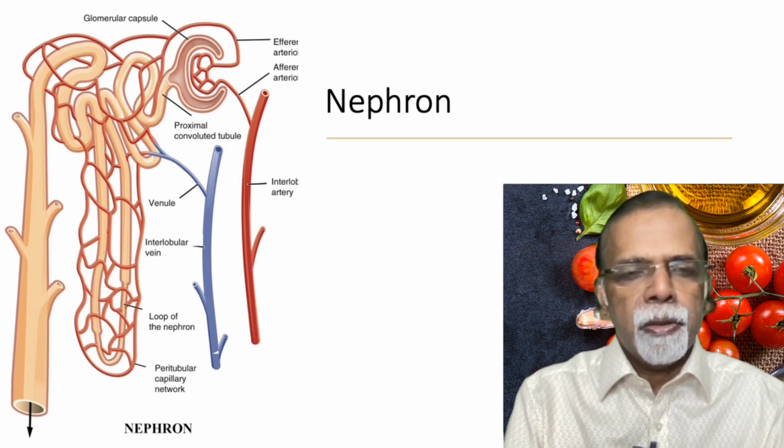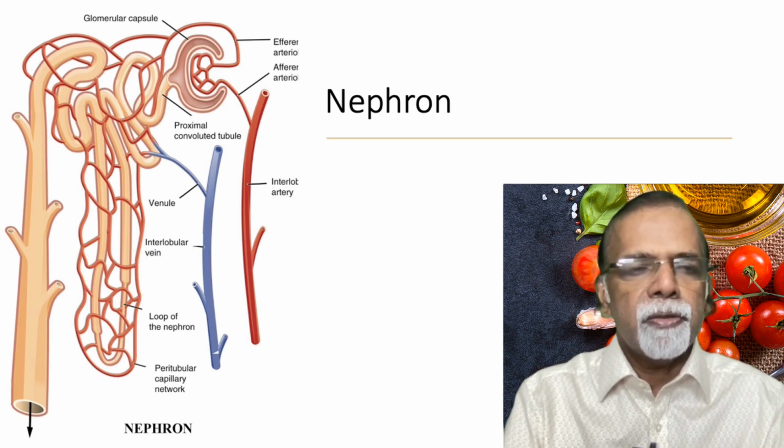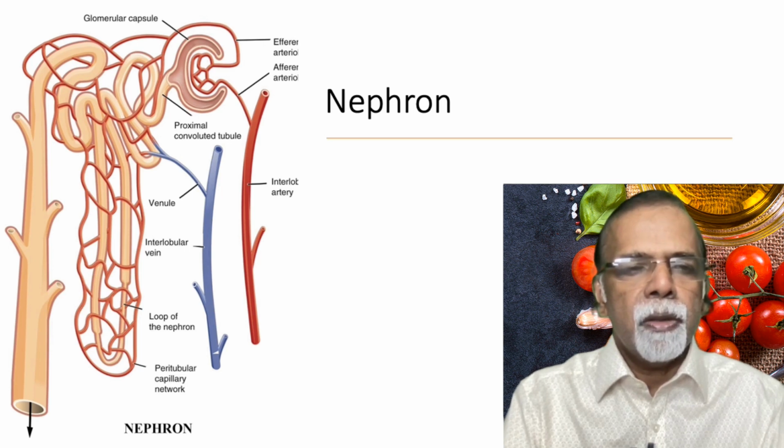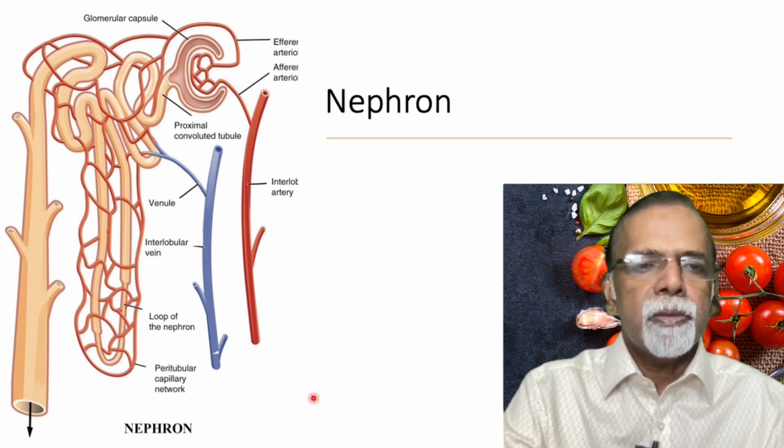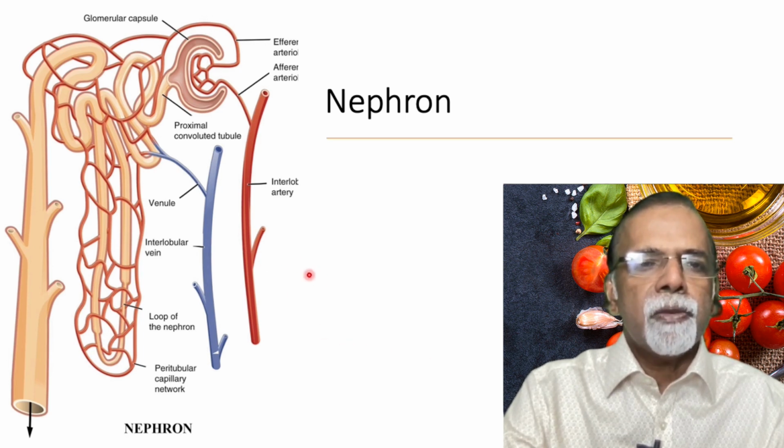We will go into a little more detail on the formation of the glomerulus. The glomerulus and tubules together form the nephron. The glomerulus is formed by the afferent arteriole. The afferent arteriole is a branch of the abdominal aorta that ends as a tuft, and that is the glomerulus.